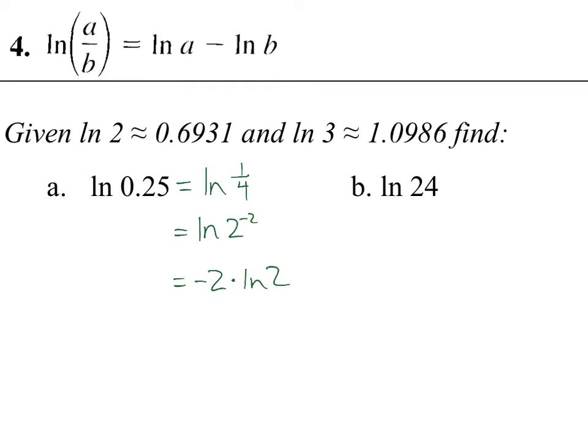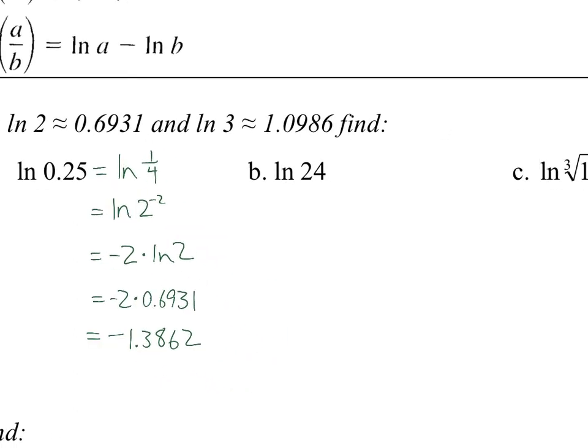And now I have something I know. ln of 2 is 0.6931, so it's negative 2 times 0.6931, and that's going to be negative 1.3862. So ln of 1/4 is that.